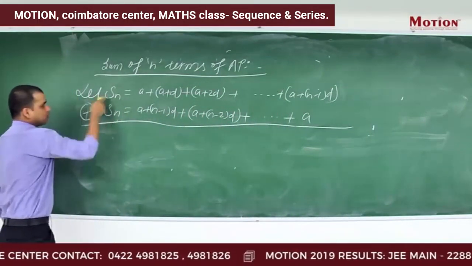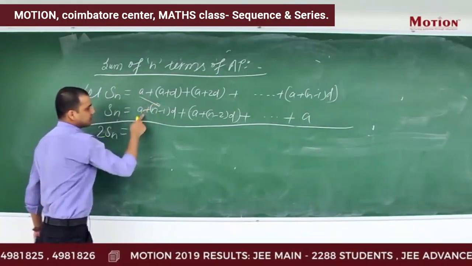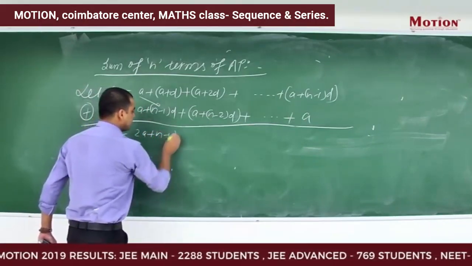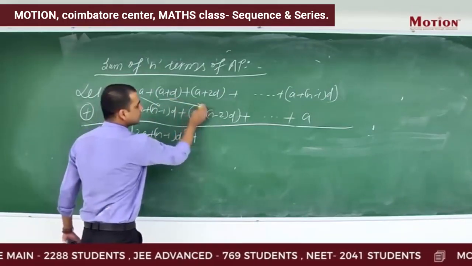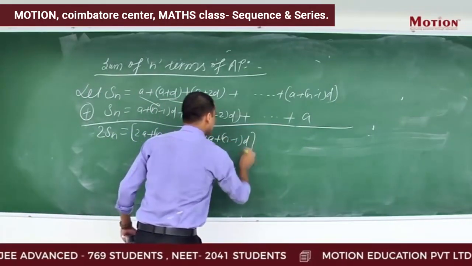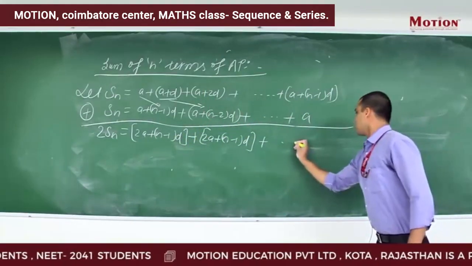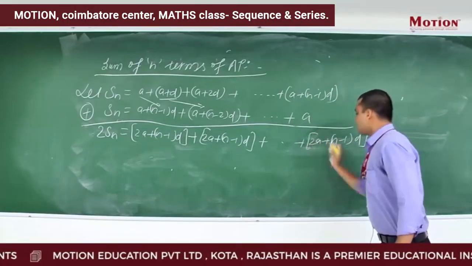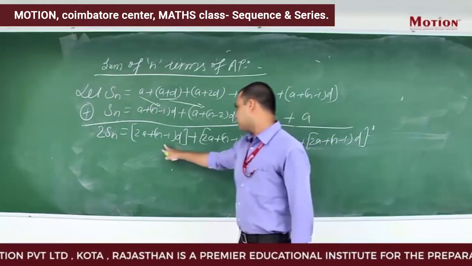So Sn plus Sn, 2Sn, is equal to 2A plus n minus 1 into D. After that, if you add the second term and the second last term, you will get 2A plus n minus 1 into D. If you add the last term plus the first term, you will get 2A plus n minus 1 into D. So this term, 2A plus n minus 1 into D, is repeating n times.